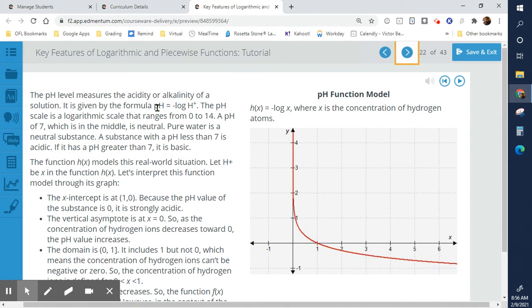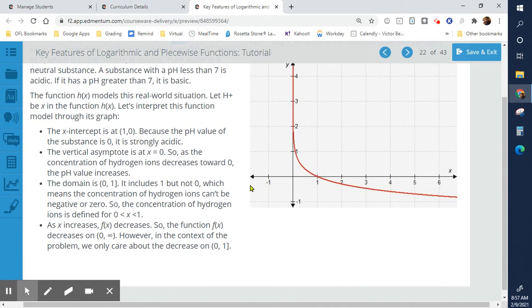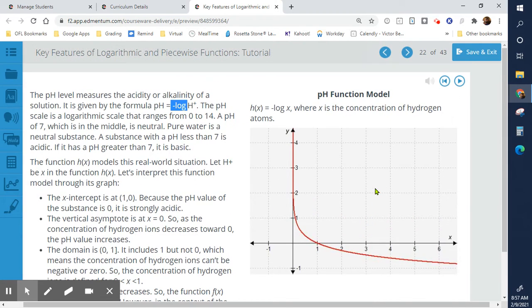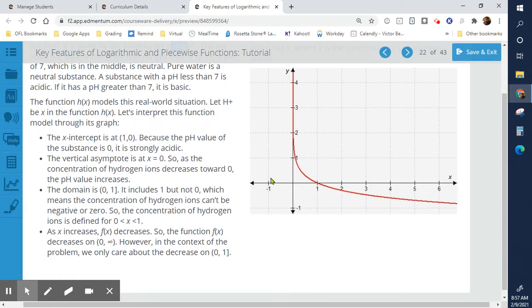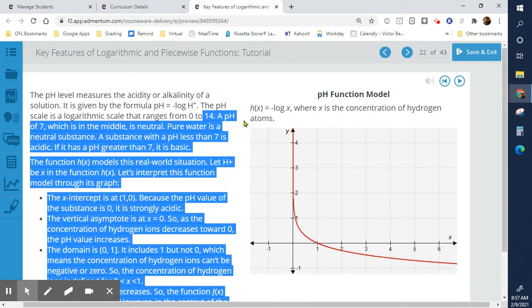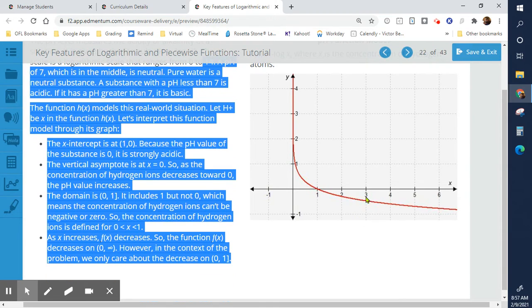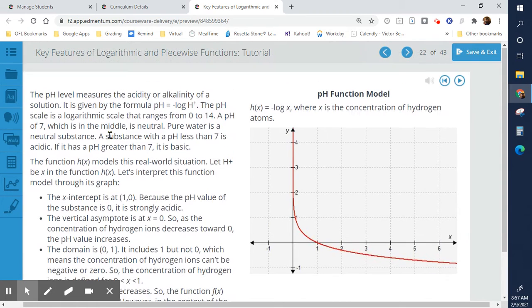That negative in front of the formula flips our graph on the x-axis. Everything else is going to be the same other than the fact that now we're decreasing. So as we decrease from there to there, what's happening here is essentially we've stopped measuring at 14 because it grows so slowly after 14 that you might as well just say 14's our cap.